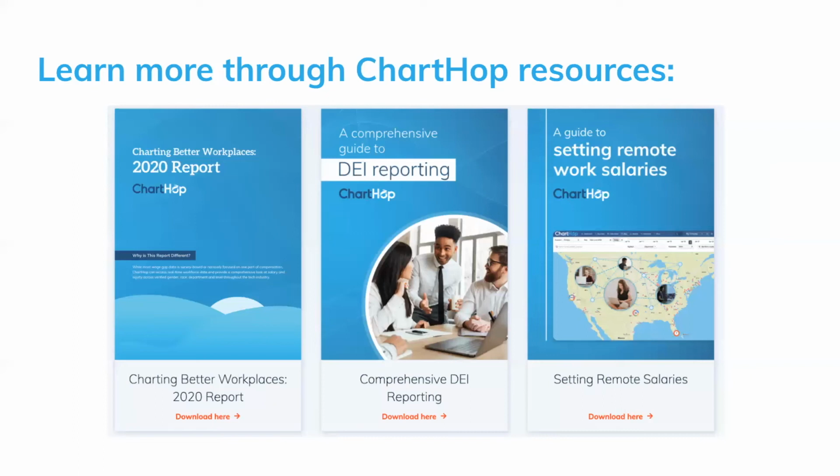Then back in June, we released the comprehensive DI reporting. It's a deeper view into how you can slice and dice DI data to really get at these deeper insights, a lot of what Rafael was saying earlier. So a great takeaway from this webinar that you can take back to your team is to come up with a plan of how you're going to collect this data.